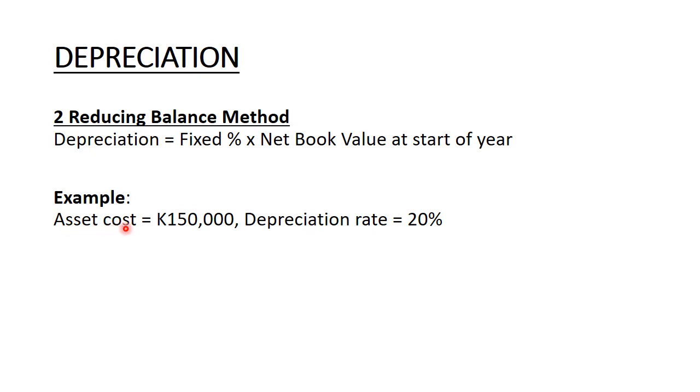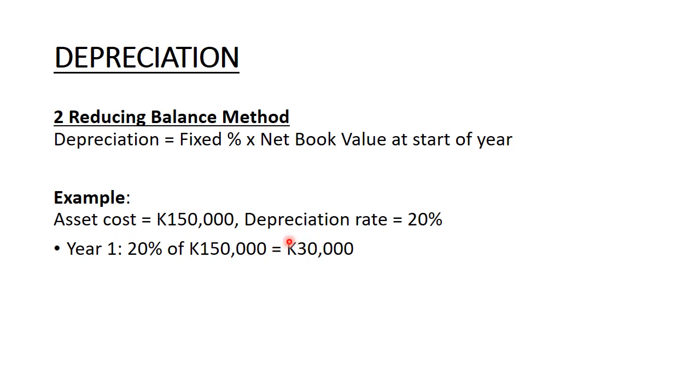So here is an asset that costs 150,000. The depreciation rate is 20%. Using the reducing balance method, let's see how it's going to depreciate. In the first year, 20% of 150,000, which you get on a calculator by punching 20% times 150,000, or 20 over 100 times 150,000, you get 30,000.